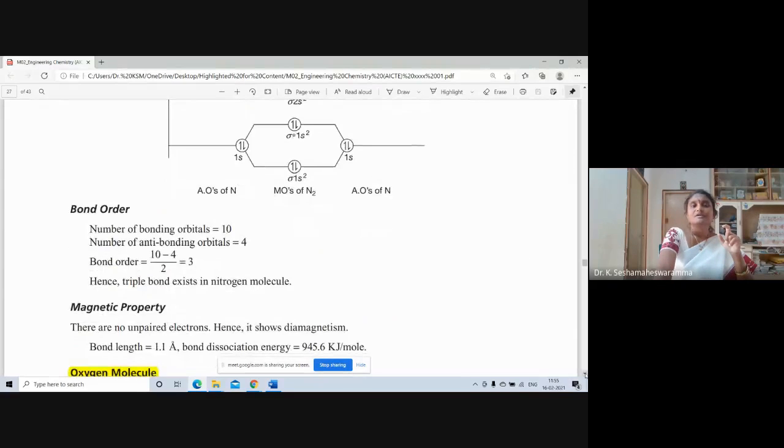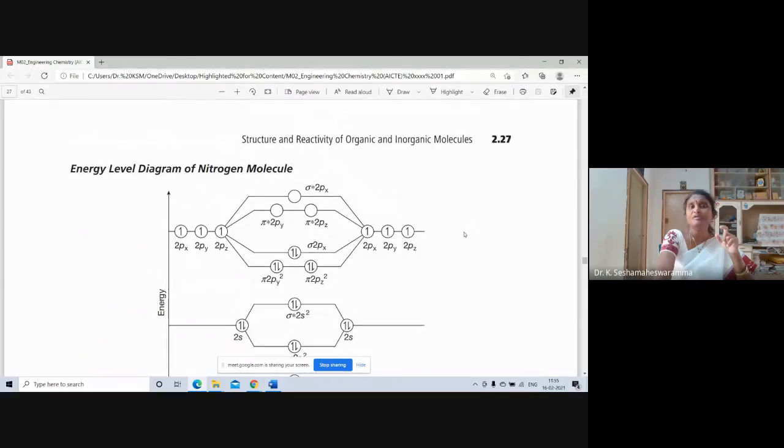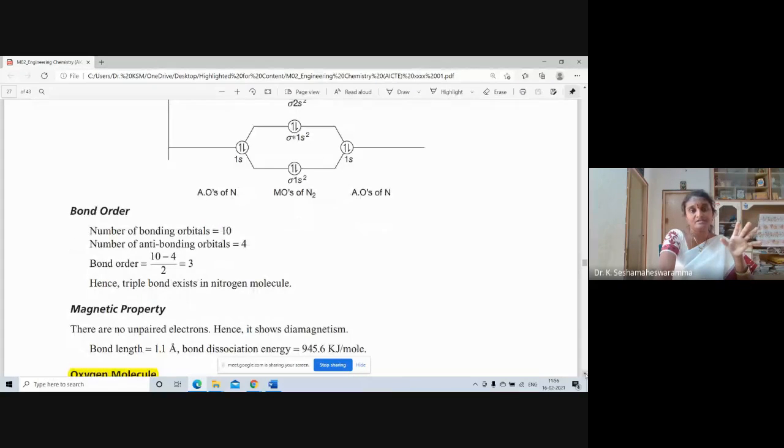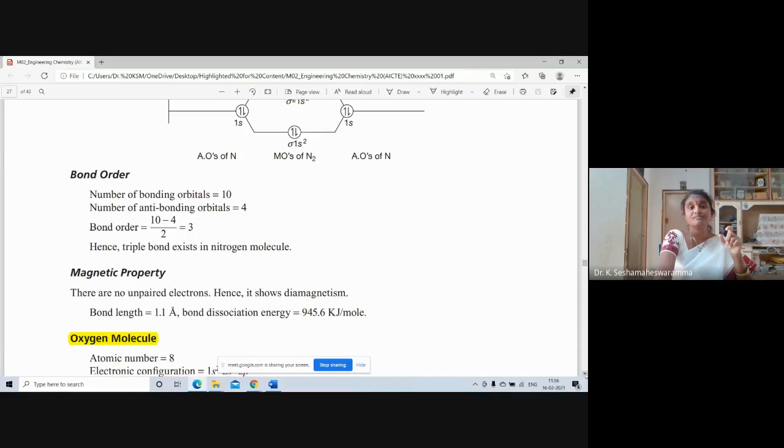In the molecular orbital energy level diagram of the nitrogen molecule, there are no unpaired electrons available. Hence, nitrogen is diamagnetic. Bond length is 1.1 angstrom.